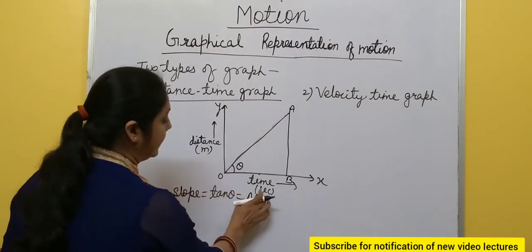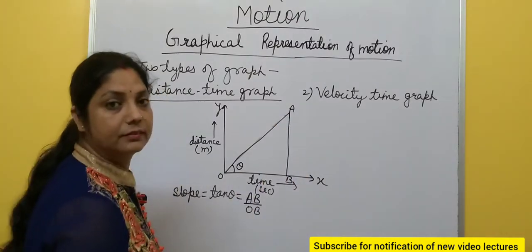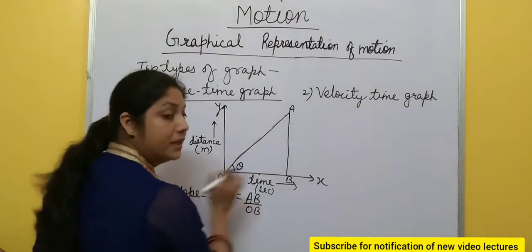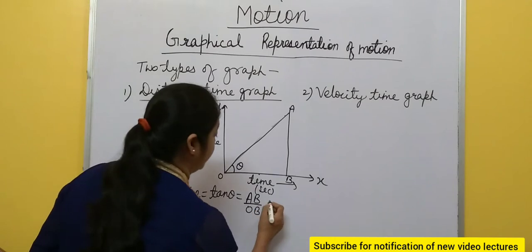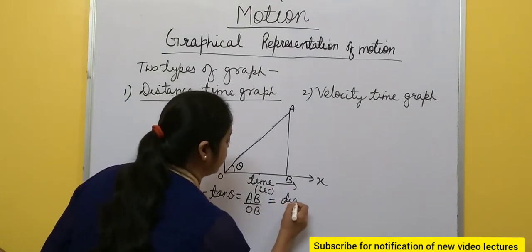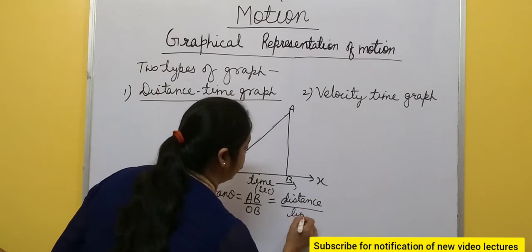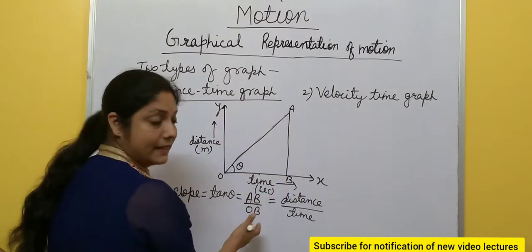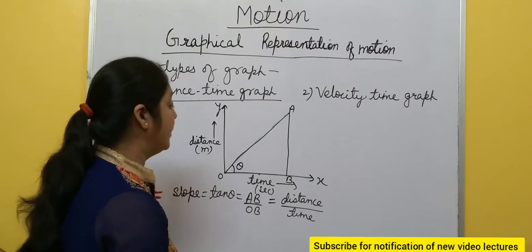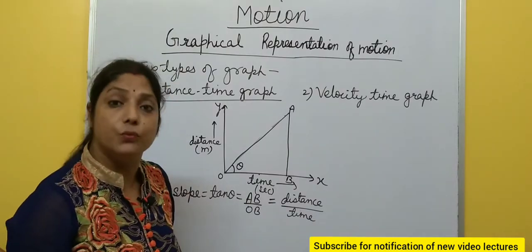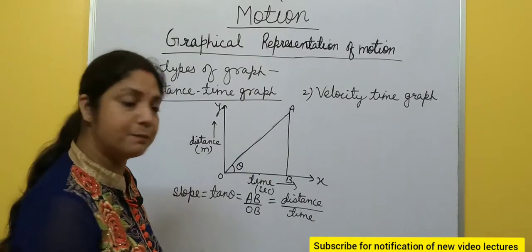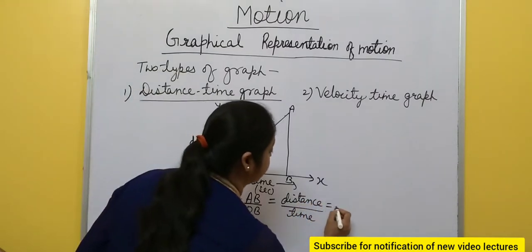And this AB is distance, and OB is time. So you can write distance by time, y-axis by x-axis, is distance by time. And you know distance by time is what? Yes, speed.